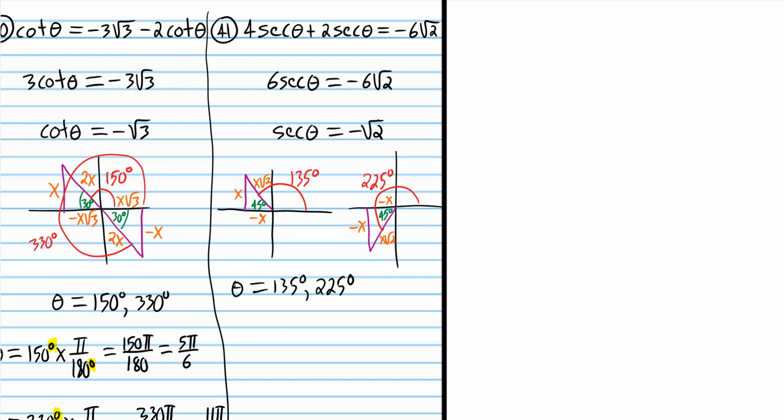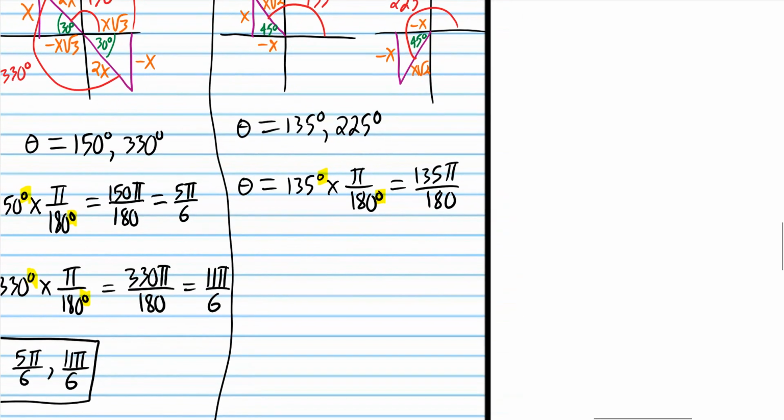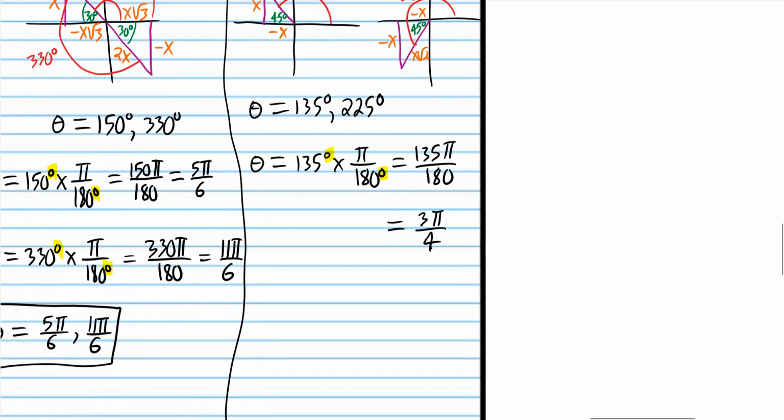But we need to show our answer in radians. So I'm going to convert 135 degrees to radians. The degree symbols obviously cancel out. And we're left with 135 pi over 180. And that reduces to 3 pi over 4. So now we're going to convert 225 degrees to radians.